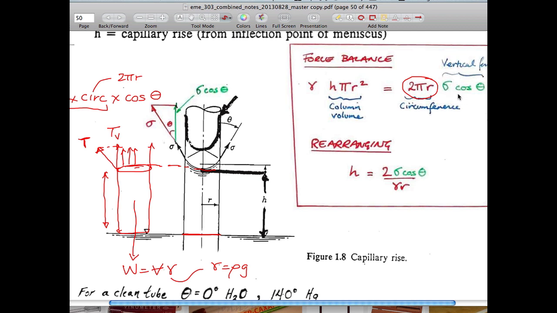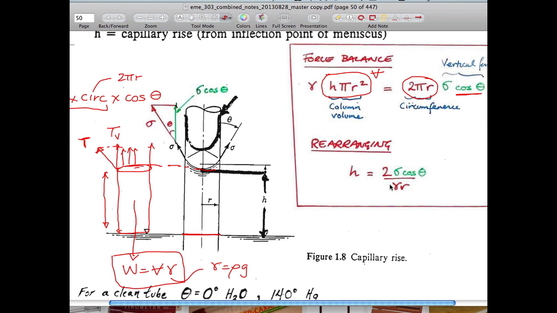And cosine theta is the interface angle that it makes. And you can equate that with the weight of the system, which is going to be equal to the volume of the column, right? Pi r squared is the area, and it's of height h, and the unit weight of this as well. And if you rearrange that, you can define the behavior in terms of this expression.